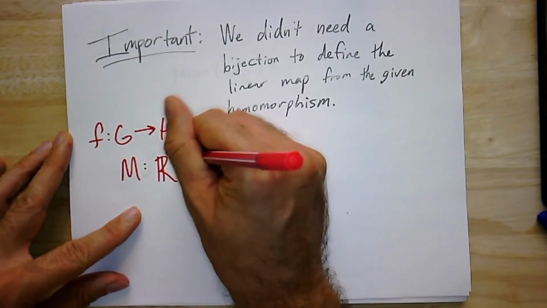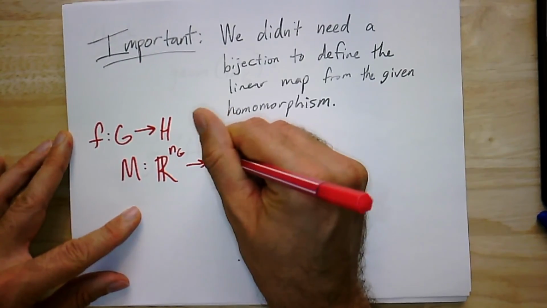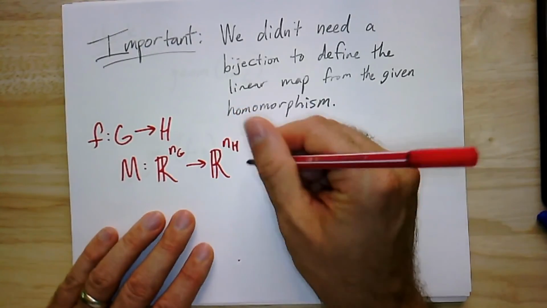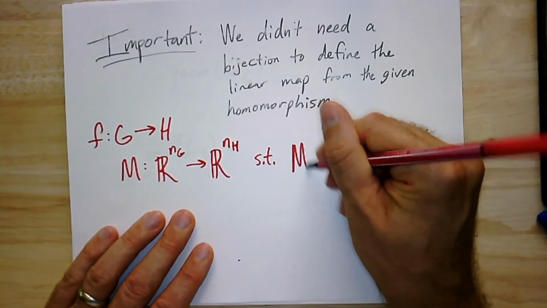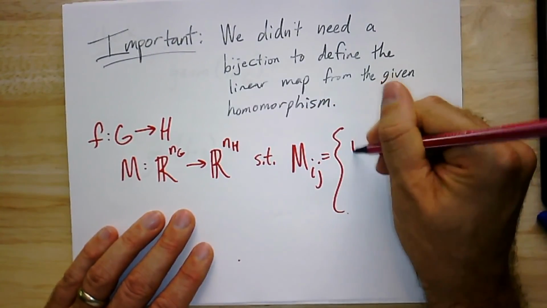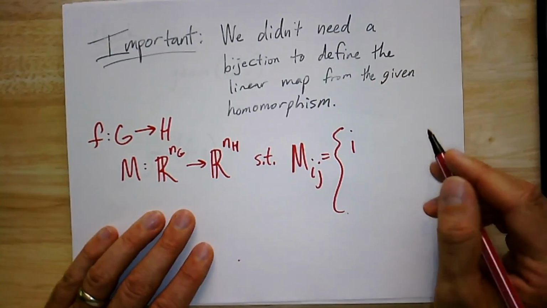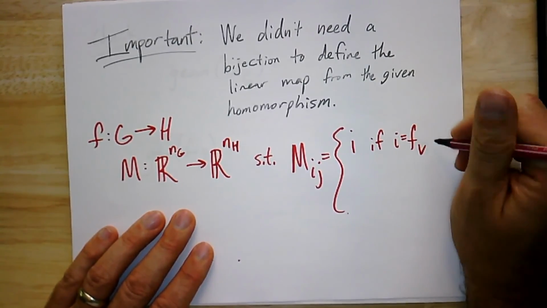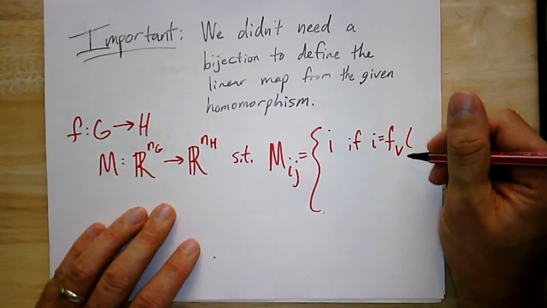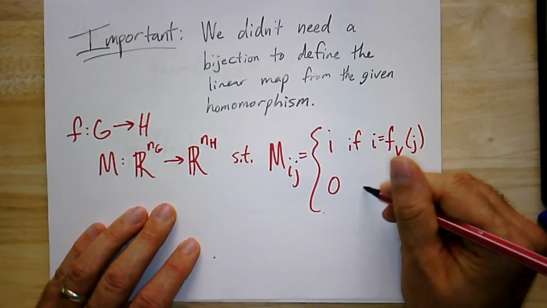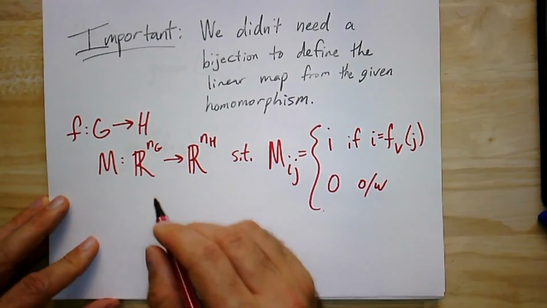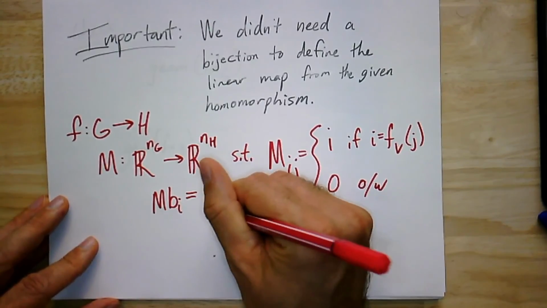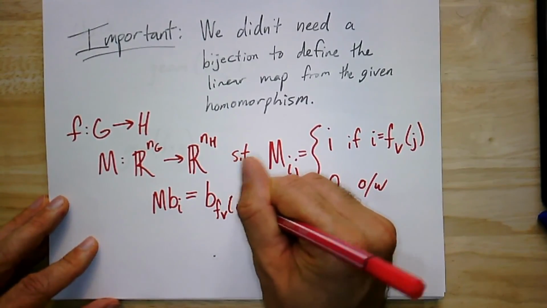It's going to be a matrix mapping from R^n_G to R^n_H, where n_G is the number of vertices in G and n_H is the number of vertices in H. And the definition is basically the same. M_ij is 1 if i is equal to fv of j, and 0 otherwise. You can check this. So M of b_i, again, is just going to be equal to b_fv(i).